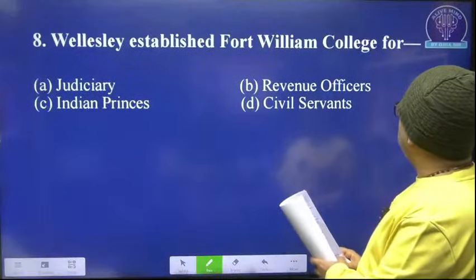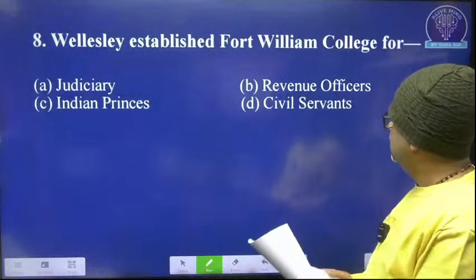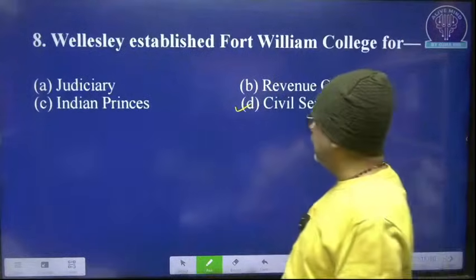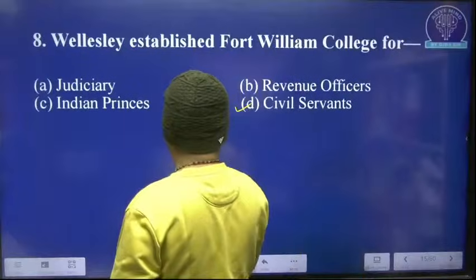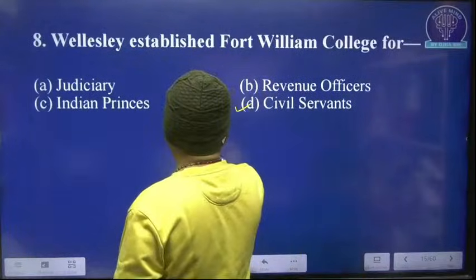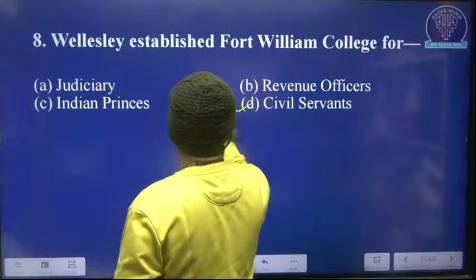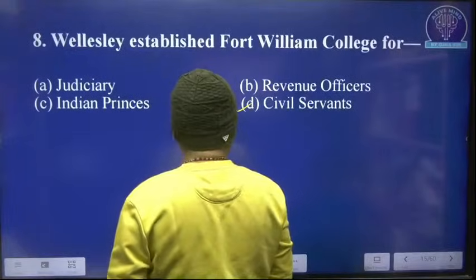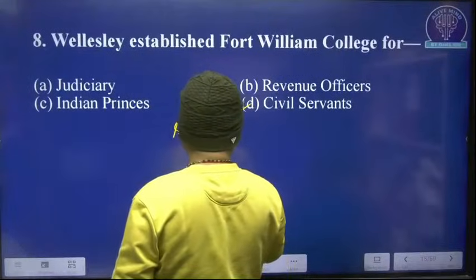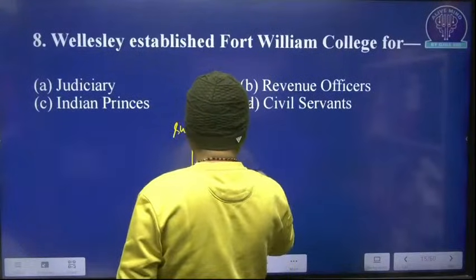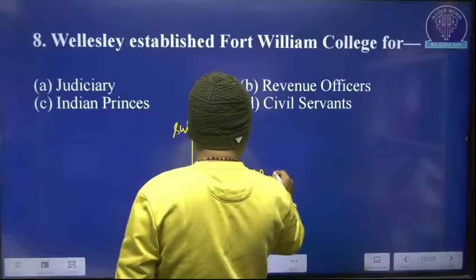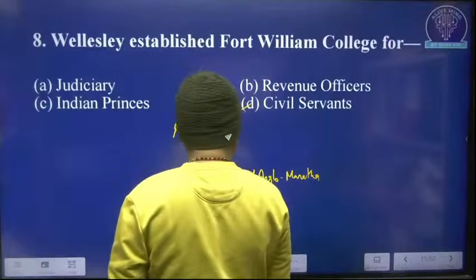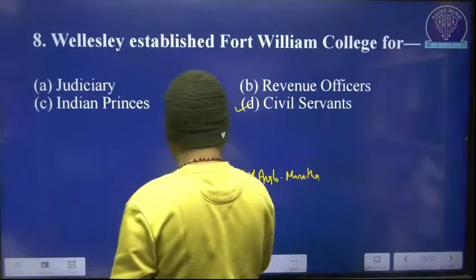Wellesley established Fort William College for civil servants. But then the important works of Wellesley: Subsidiary Alliance, the most important work of Wellesley, subordinating the Indian states. Second Anglo-Mysore War. Second Anglo-Maratha War, breaking the backbone of the Peshwas. Peshwa and Marathas.